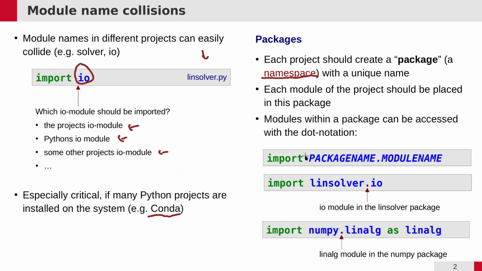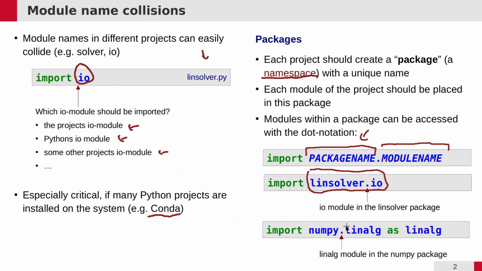Since the package name should be unique, the module name can be arbitrary, because each module is referred to as package name dot the name of the module. So for example, for the linsolver project, instead of import io, we can write linsolver.io. That means we are using the IO module of the linsolver package, and then it's clear that we were not meaning any other IO module.